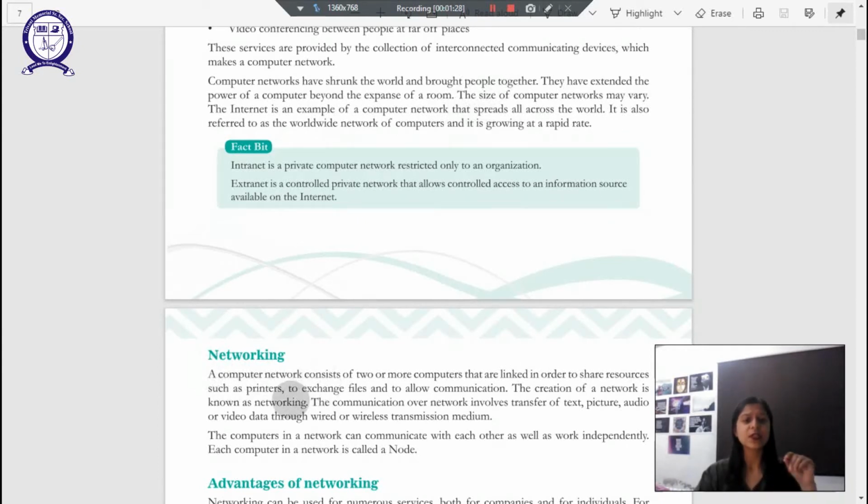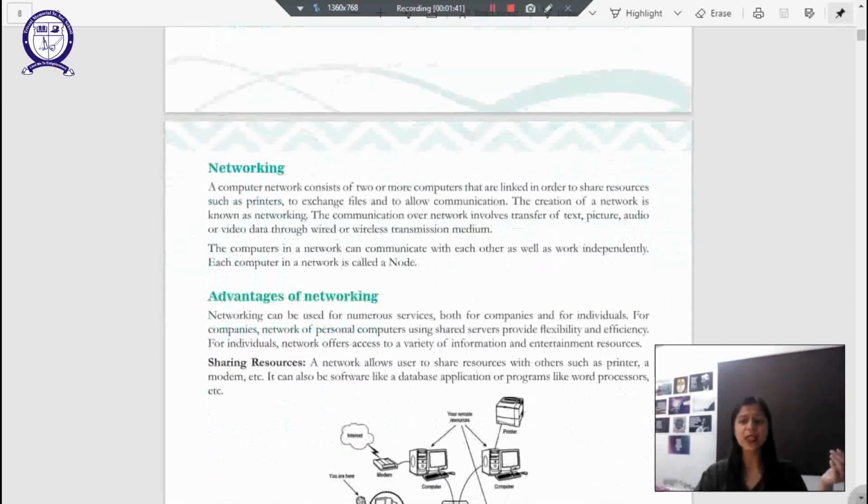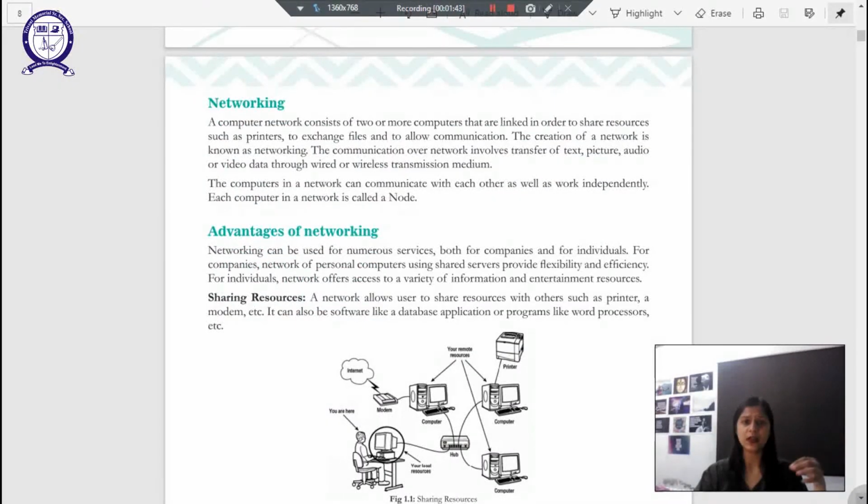So networking. A computer network consists of two or more computers that are linked in order to share resources such as printers, to exchange files, or to allow communications. The creation of a network is known as networking. So networking is nothing but connecting two or more computers for some purpose, whether we share our printer together, share our files, or exchange communication, an email or some file like that.